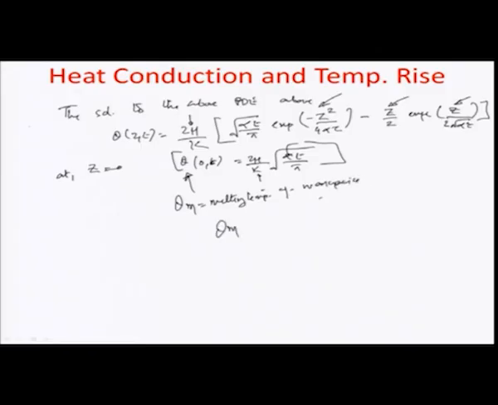So, we can have a very good formulation here on first principles, that theta m is related to twice the incident power divided by the thermal conductivity of the workpiece, times twice root of alpha t by pi, alpha being the thermal diffusivity, t being the time of machining.